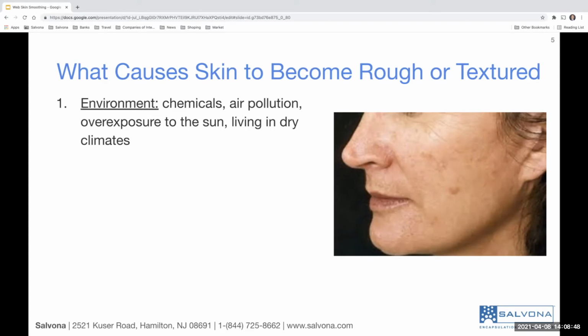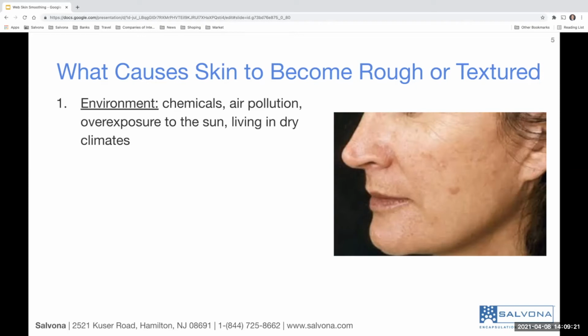The number one is environmental factors, which means anything to do with chemicals in the water that we wash the face with, like chlorine, for example, chemicals in the air pollution, overexposure to sun, or living in areas that are really dry, such as California in some places, or even other states in South America.